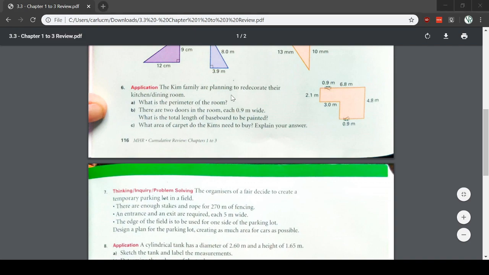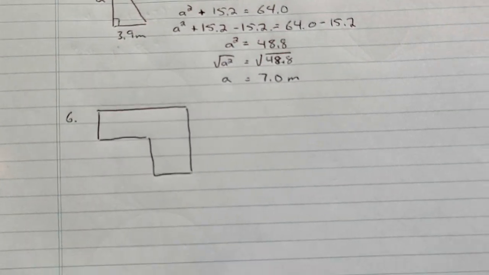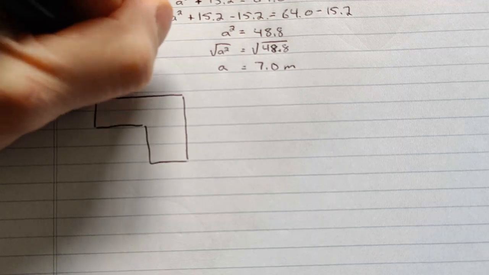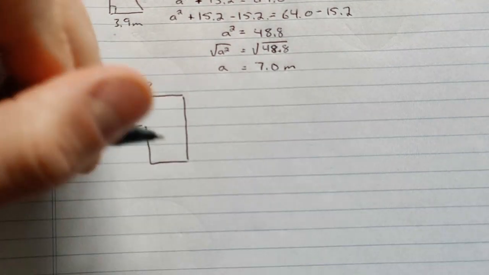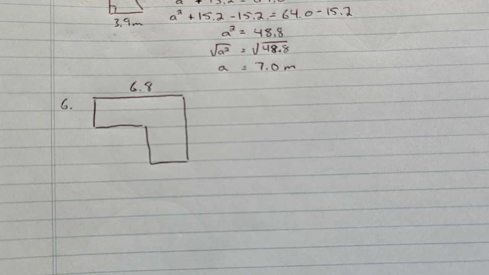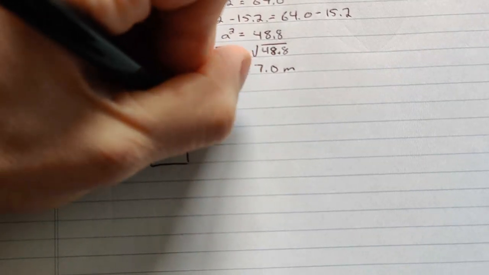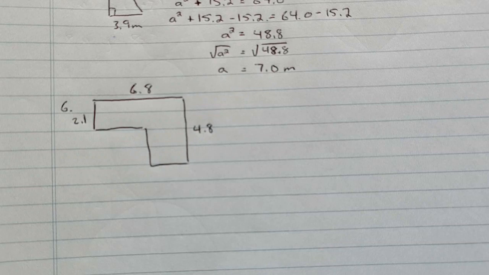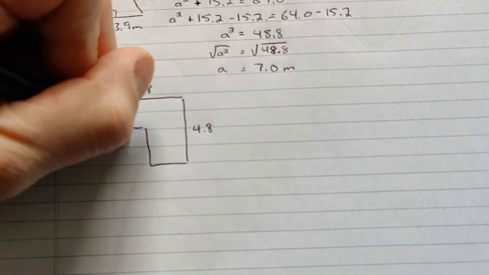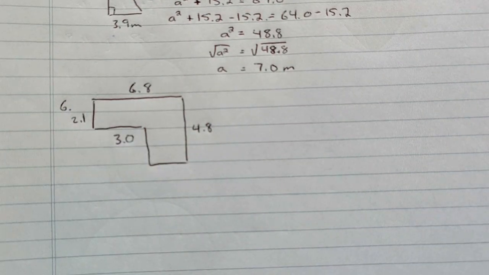All right, so if I switch back over here, so the room's approximately like this. So this whole side 6.8, and the short side here is 2.1, 4.8, and 3.0. And I'm ignoring the doors right now because we don't need them for the perimeter.